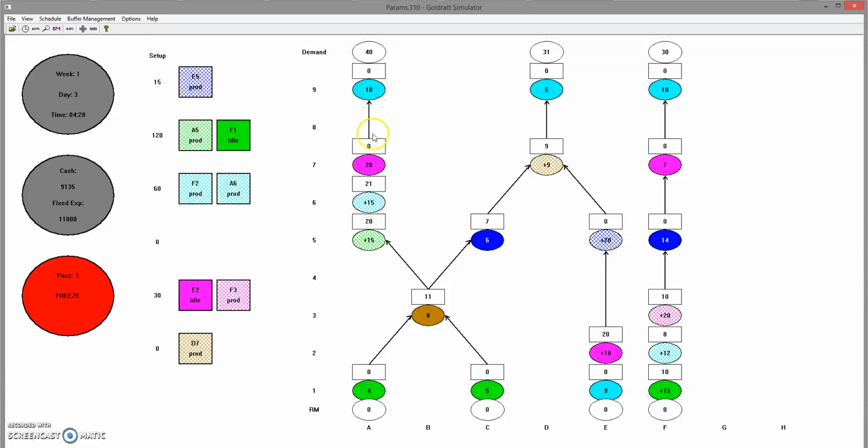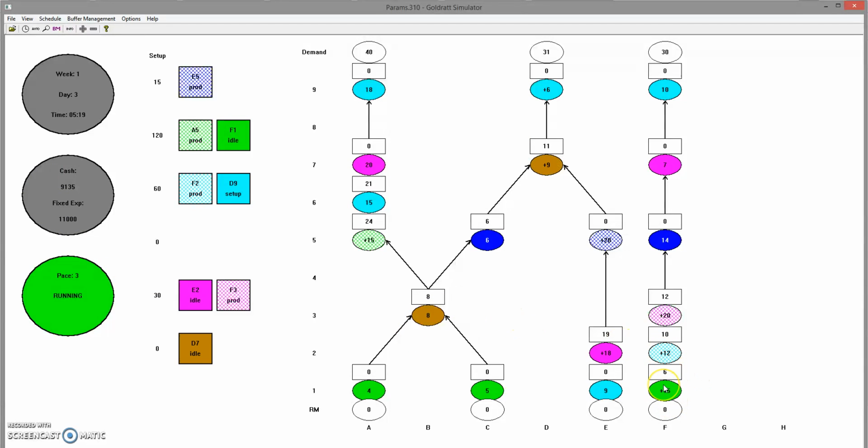But this is not really making a sale yet. So I'm going to take the A6 away from A and put it on D, so that I can make these 9 things that have been built sell quickly, so that I can make some money by the end of the day.